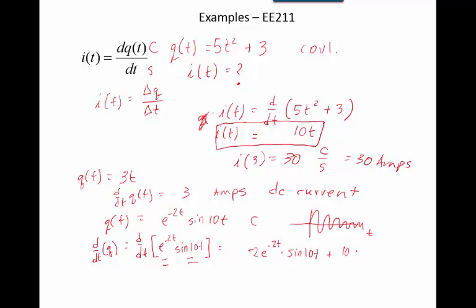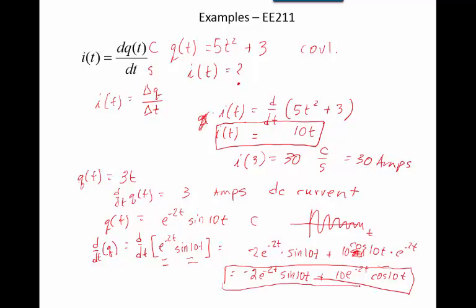It's 10, and then times the derivative of the sine, which is the cosine, 10t, times the first, e to the minus 2t. So that's the answer: minus 2 e to the minus 2t sine 10t plus 10 e to the minus 2t cosine 10t. That's the answer.